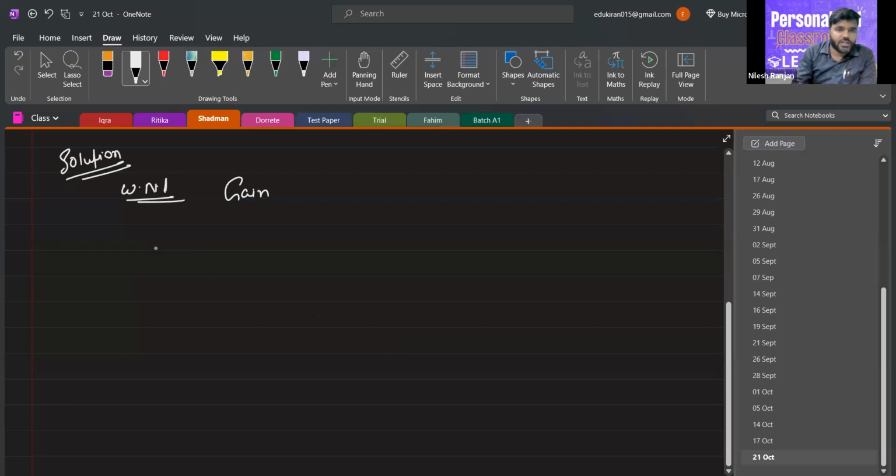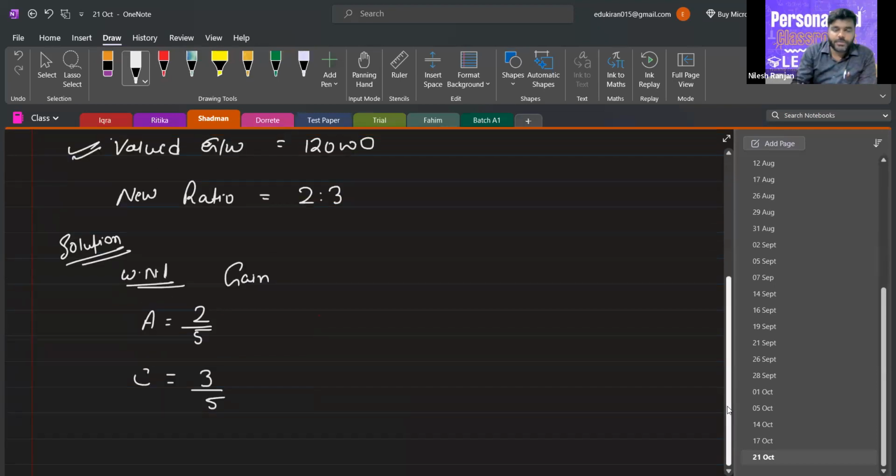B. So we have to calculate gain for A and C. The gain formula is new ratio minus old ratio. A is getting 2/5 and C is getting 3/5. Now you will see what has changed here. A's old ratio was 5/10 and C's old ratio was 2/10.